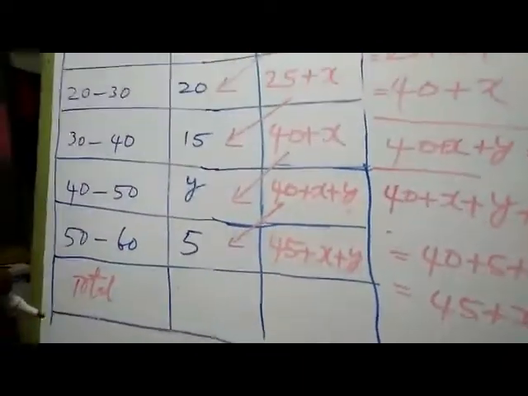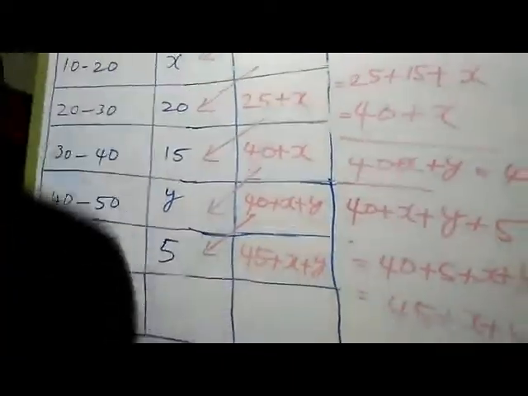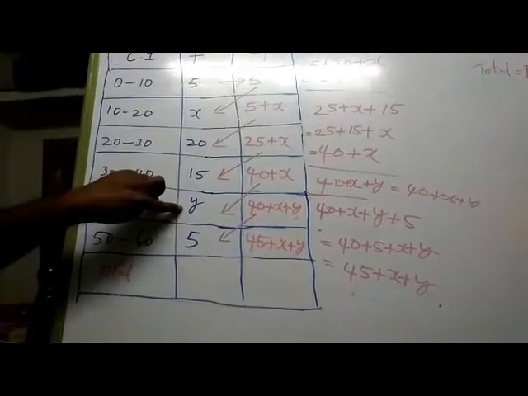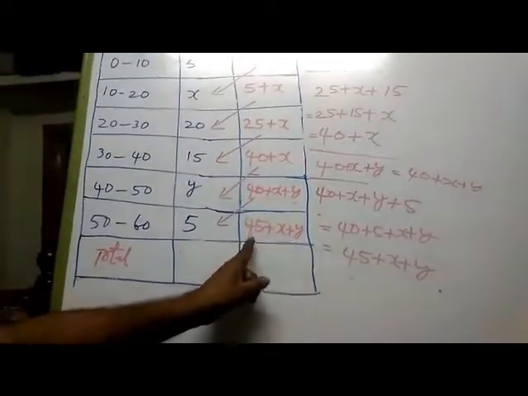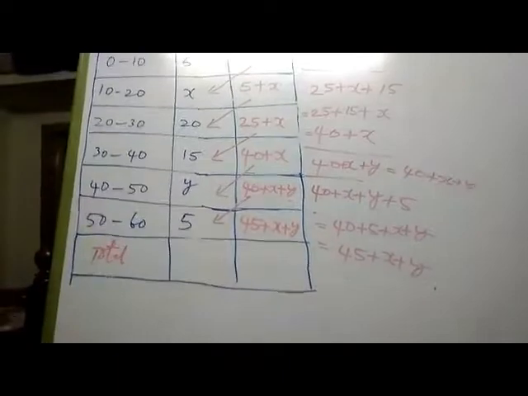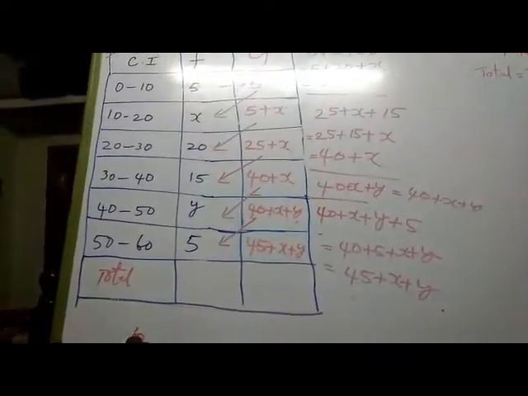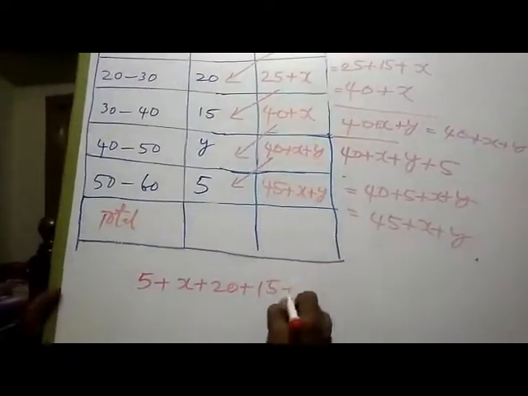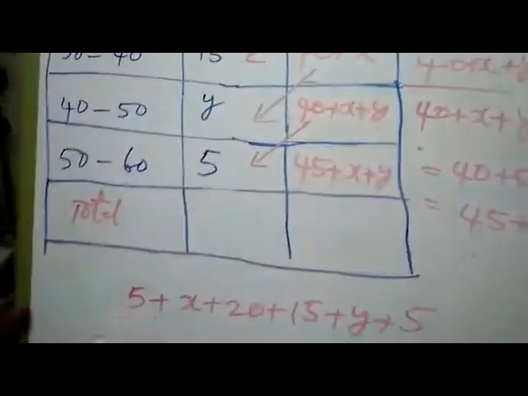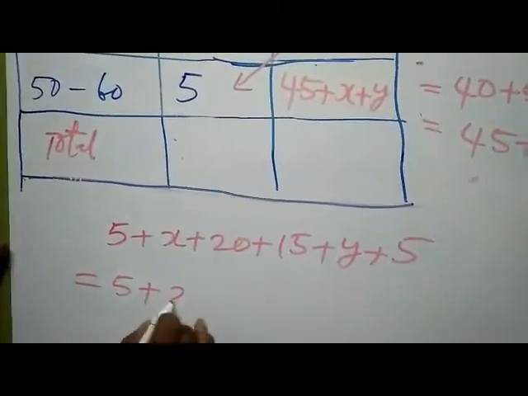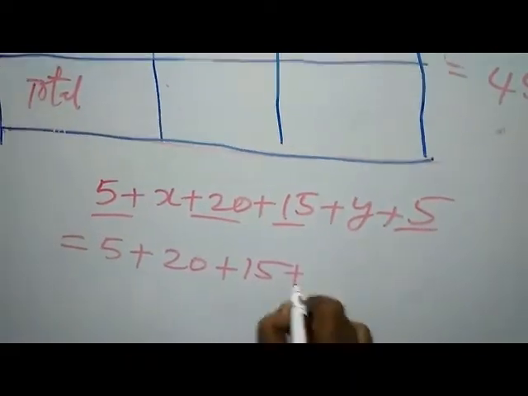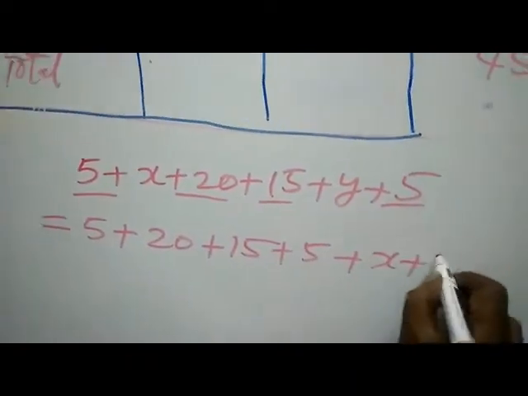What is the sum of the frequencies? The sum of the frequencies is 5 plus x plus 20 plus 15 plus y plus 5. We should get the same thing; we could copy it, but no problem. First 5 plus 20 plus 15 plus 5 is 45, so 45 plus x plus y.